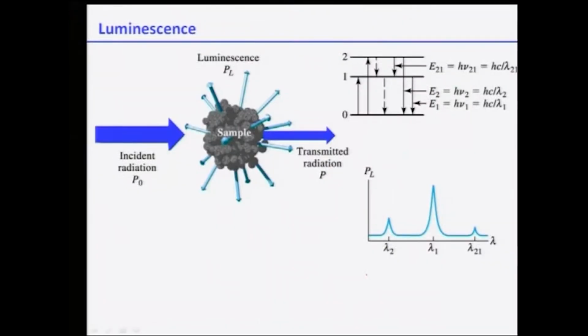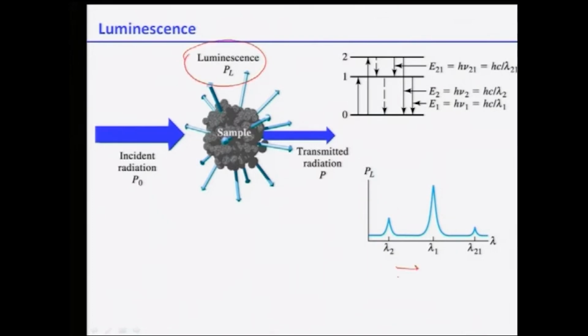Well, another one is luminescence, as I said. Suppose incident radiation P0 is falling on the sample, and then some part of the radiation will be transmitted and some part will come out as luminescence. Luminescence means some kind of internal transitions, which we will discuss, and you can measure this luminescence as a function of lambda.